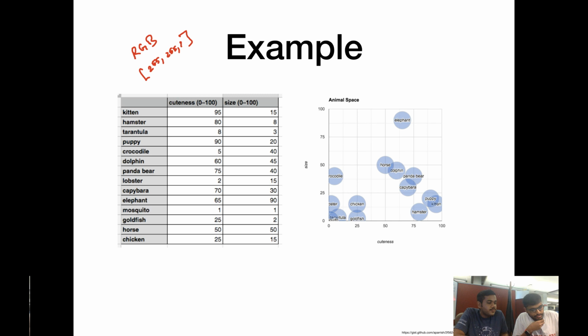So when we want to represent the word red, we can represent it as 255, 0, 0. So this is now the vector for representing the color red. And we can keep going like this. So this is a three-dimensional vector to represent all these, correct? This is also a good example when we look into it.